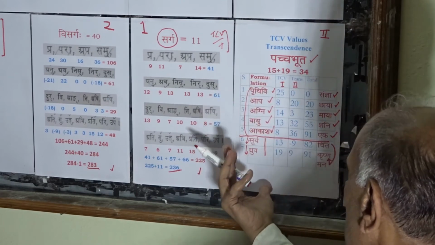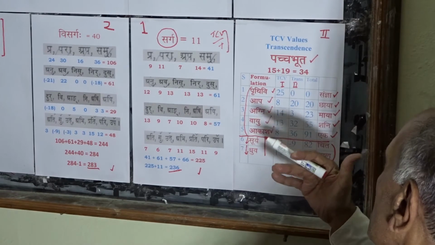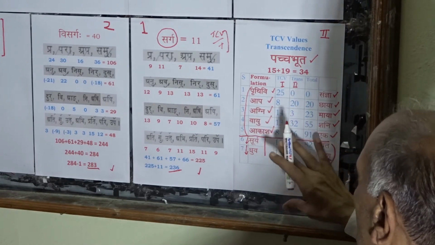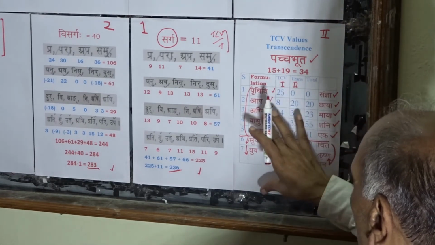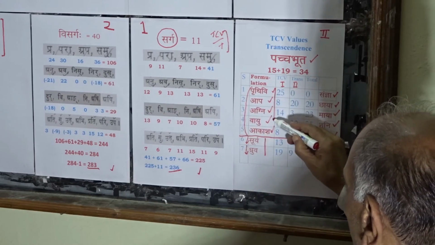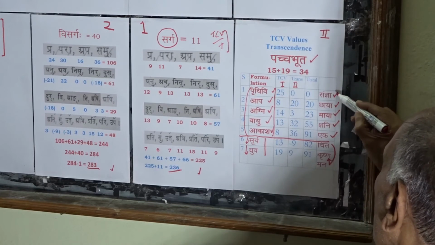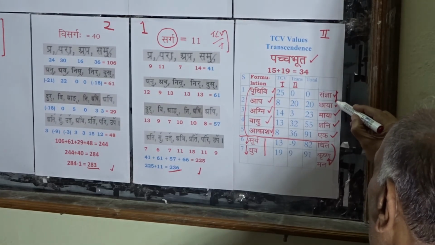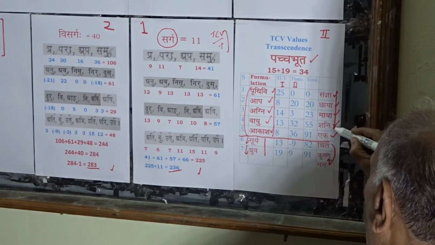It is this transplantation which is going to be the final test, and here in this case one of the transplantations for this range of 5 formulations is going to be the formulation Sangya, Chaya, Maya, Shani and Ek.